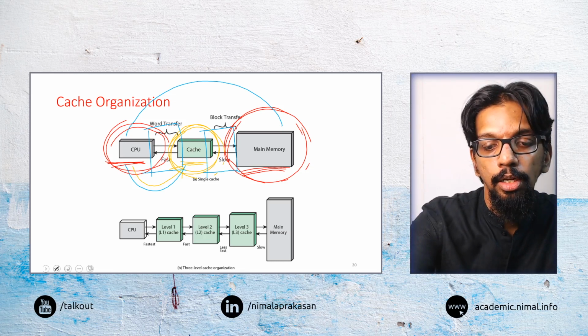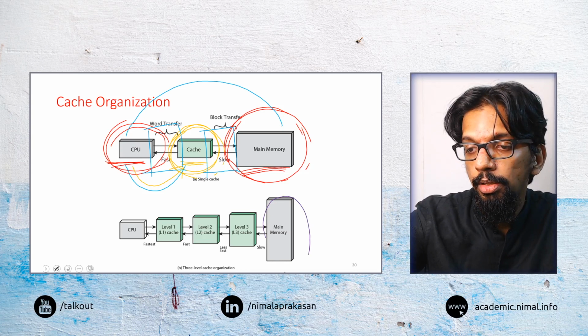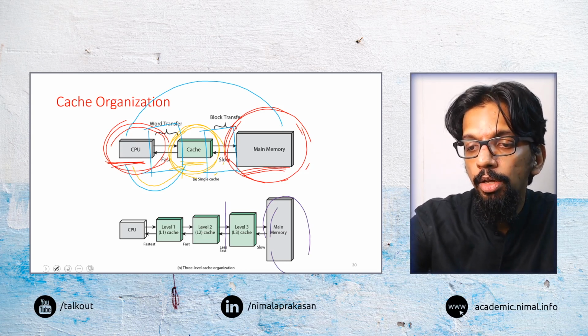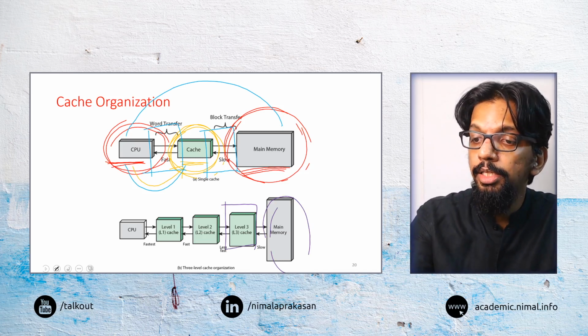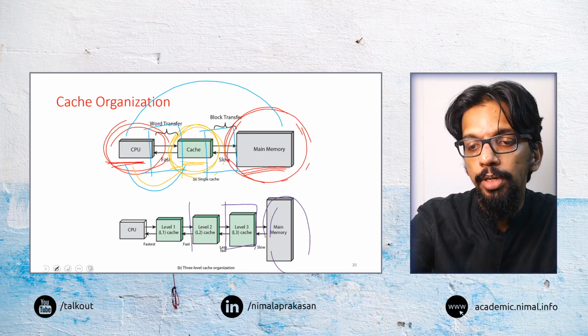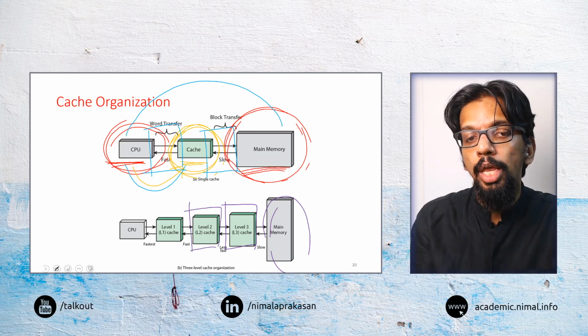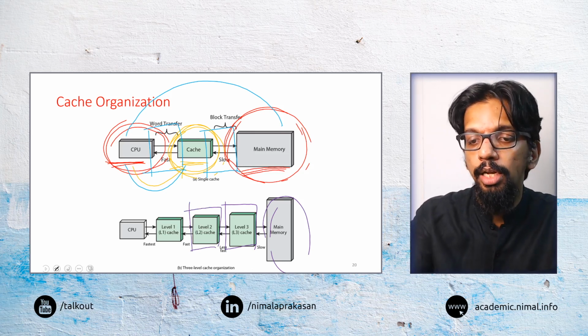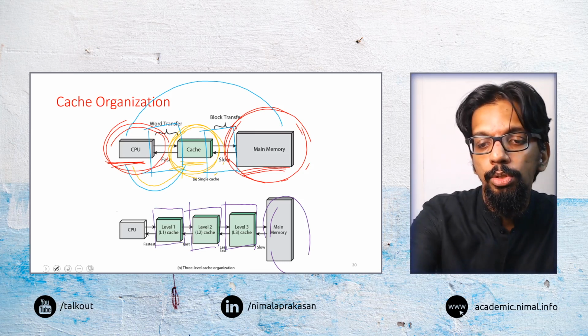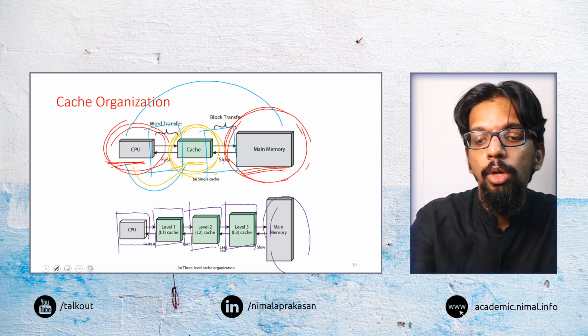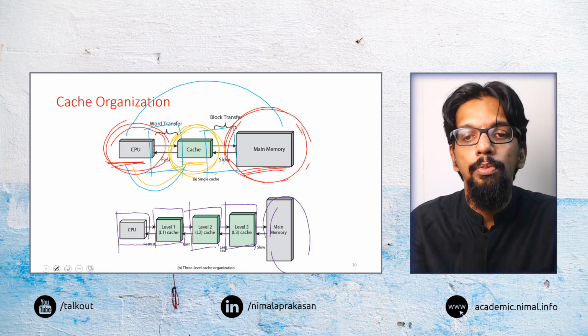The main memory is going to be there. From there we go to a level 3 cache, for example, that is somewhat faster than the main memory. Then a level 2 cache that is even faster than level 3. Then level 1, which is faster than level 2. And at that point it is going to be much closer to the speed of the CPU.